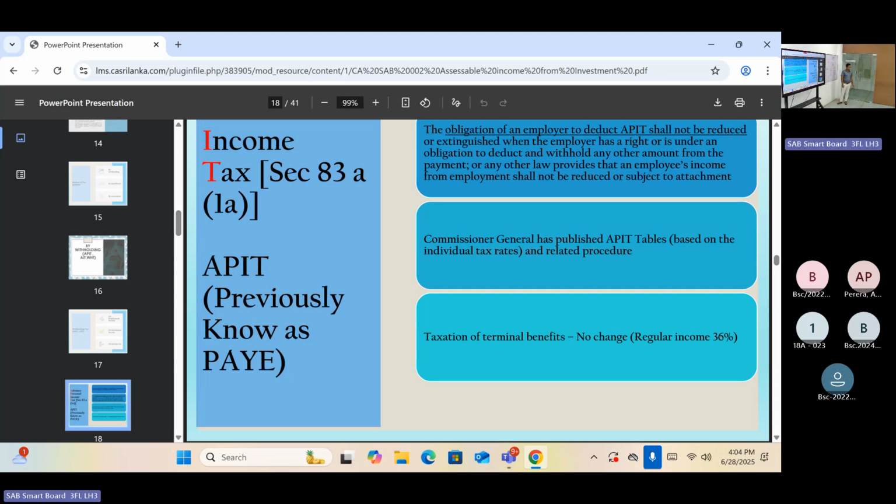The first 10 million at 0%. Next, the second 10 million is taxed at 6%. The balance, where is the balance?